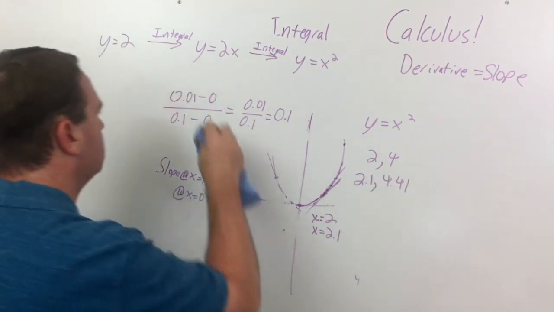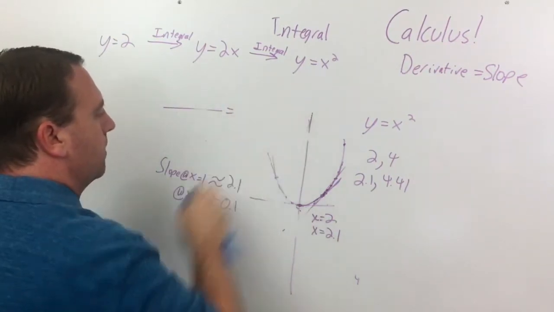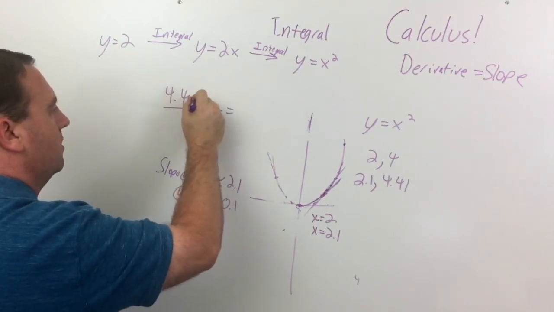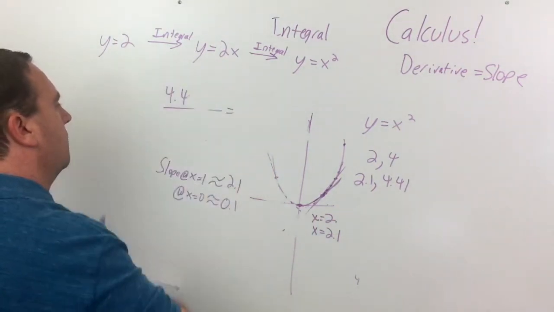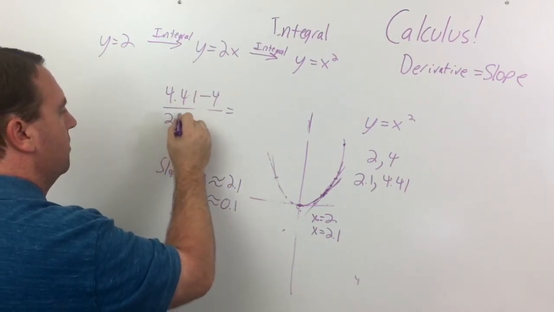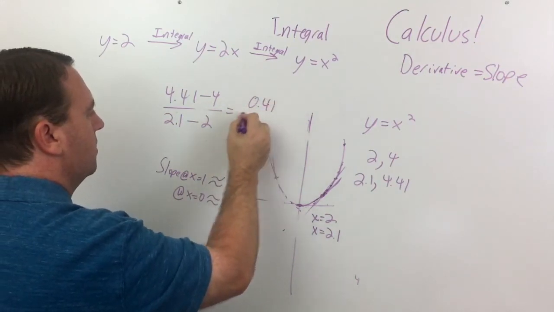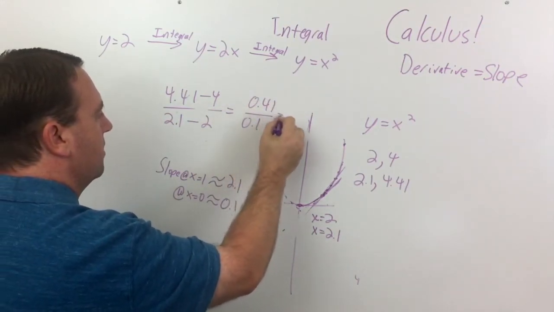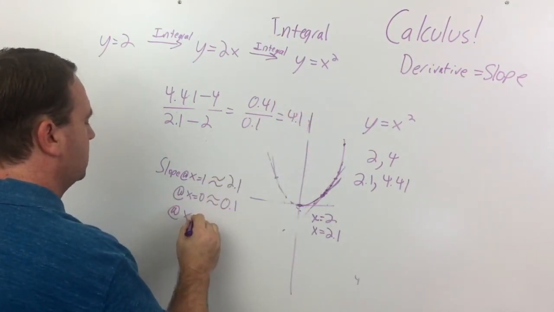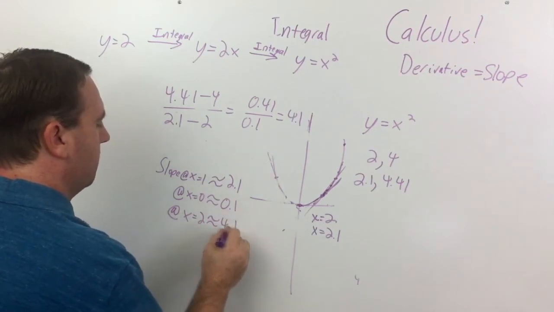Okay, so we'll substitute that in here: 4.41 minus 4 over 2.1 minus 2. That's going to give us 0.41 divided by 0.1, which is equal to 4.1. So the slope at x equals 2 is about 4.1.